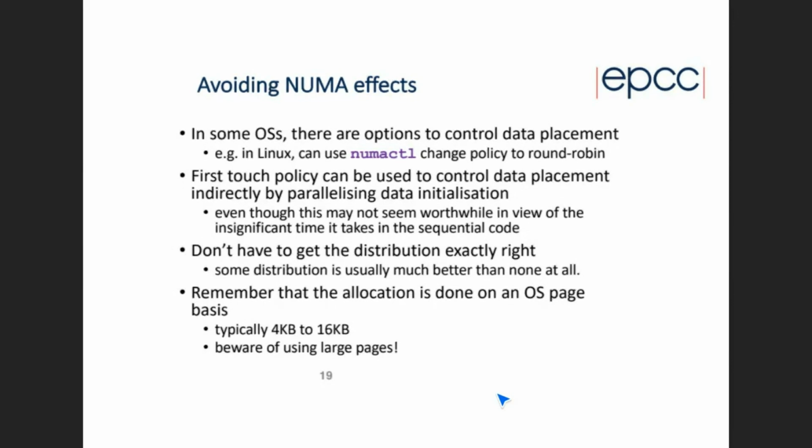You need to remember that the allocation is done in units of operating system pages, typically several kilobytes of memory at a time. It's a reason not to use large, megabyte-sized pages.